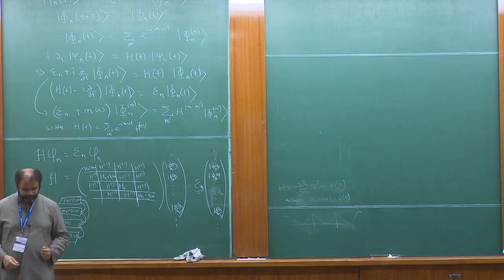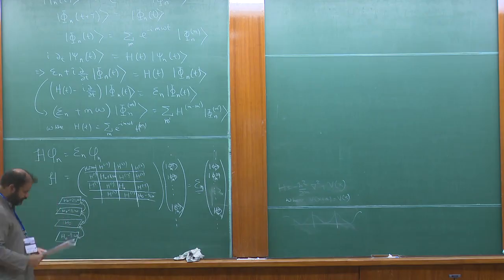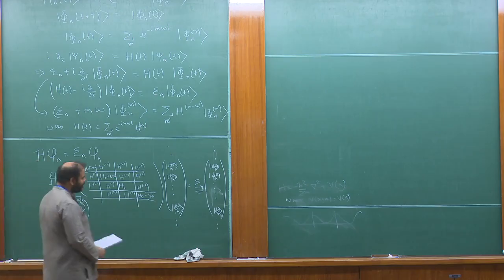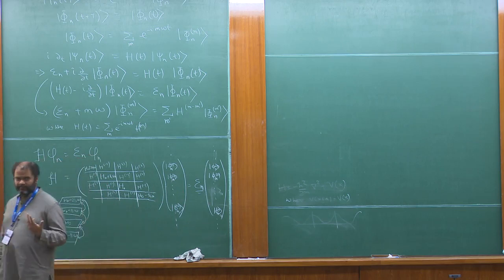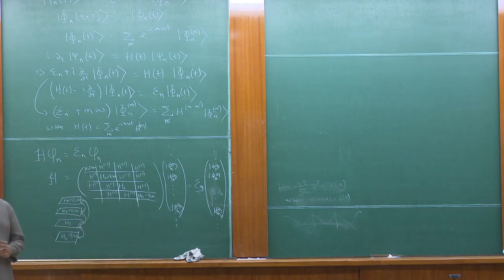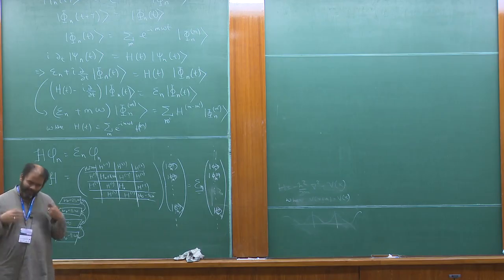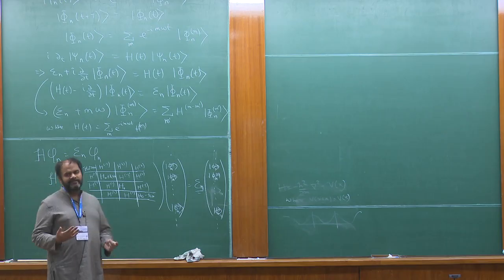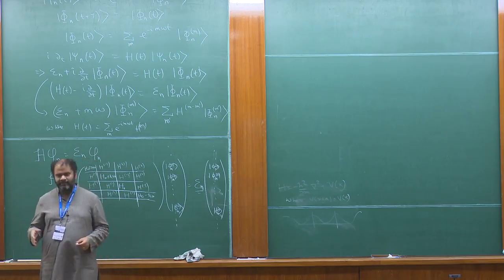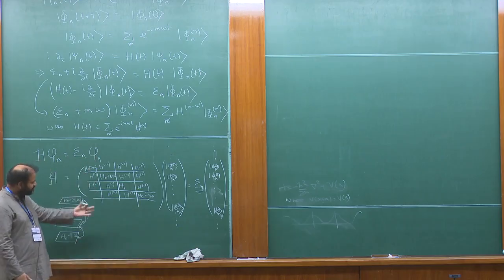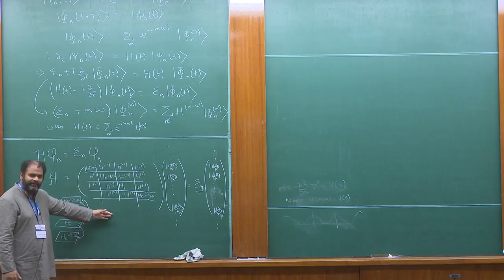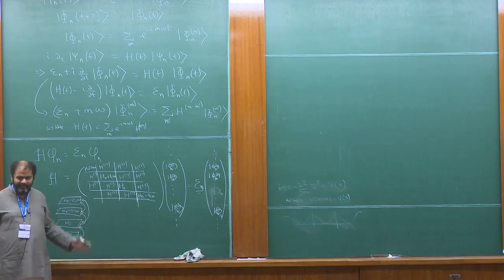But one thing that must be clear from this is there has to be some redundancy here. Because I initially started off with a time dependent Hamiltonian, but a finite dimensional one. I have constructed an infinite cross infinite matrix, which is time independent.